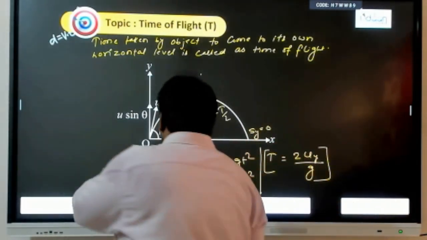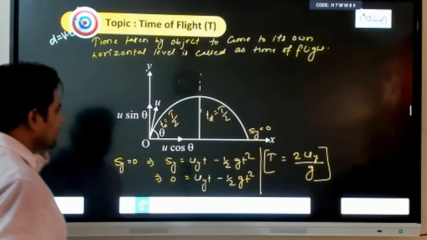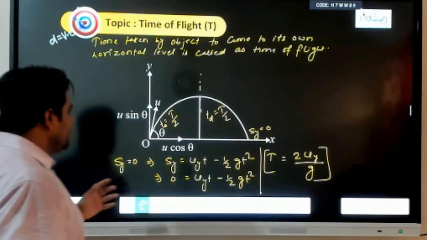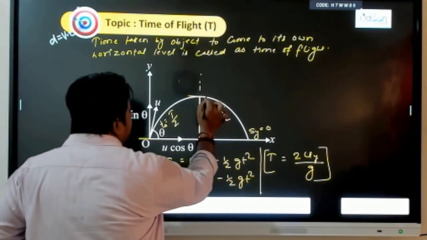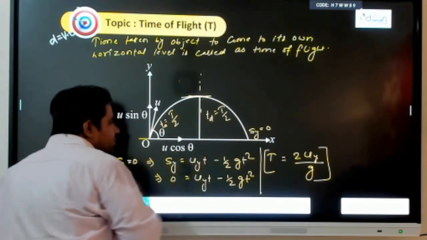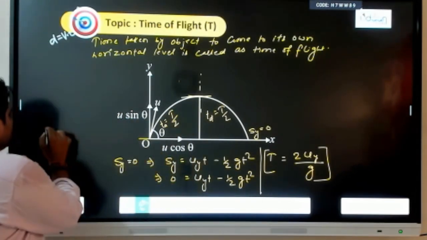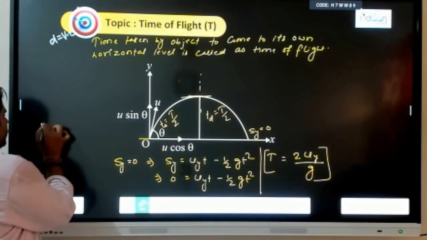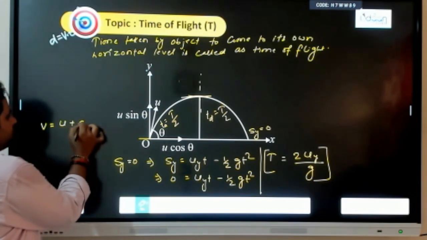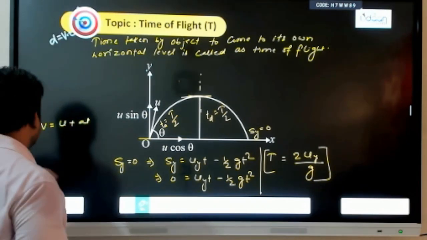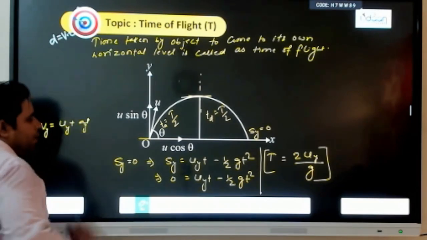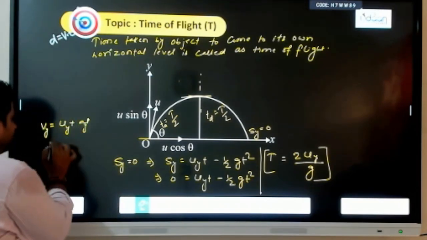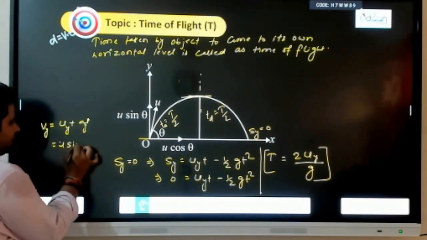If you ask how, sir, then I will tell you to just take this point and find out what the time comes to. So you just apply, for time, v equals u plus at. If I am talking about the y direction, here it is u sin theta, so you write down u sin theta.